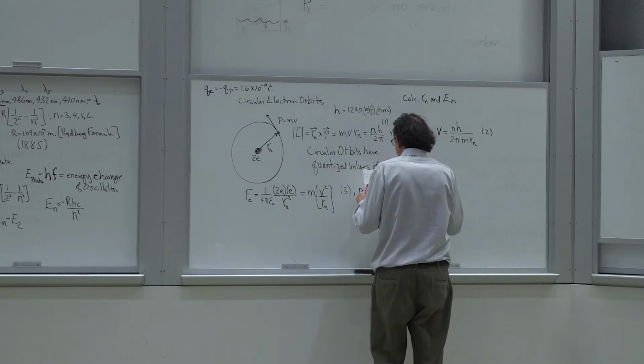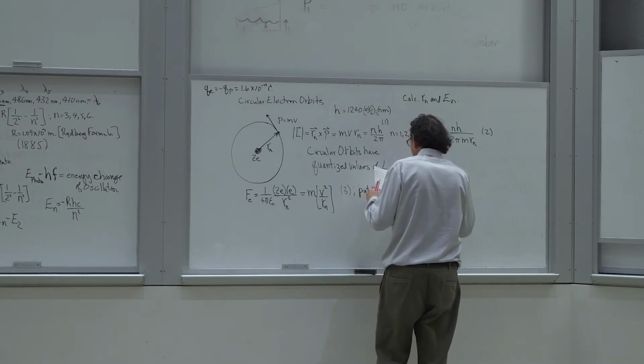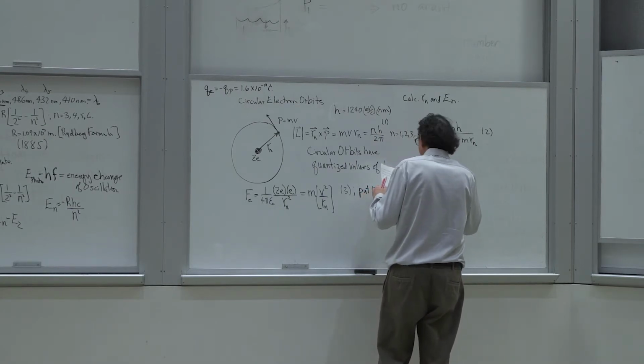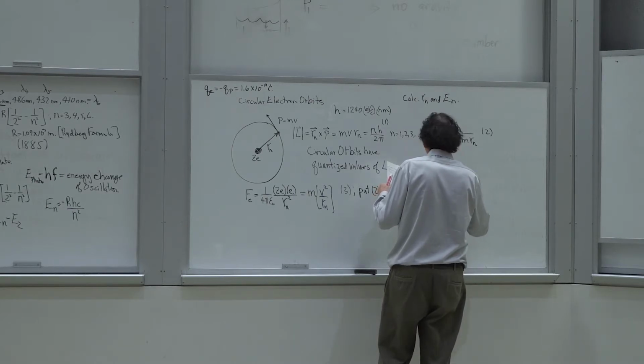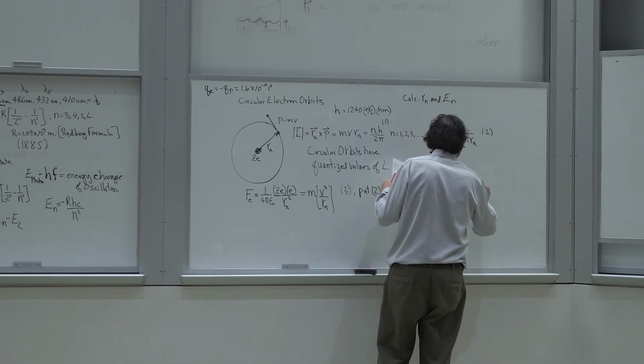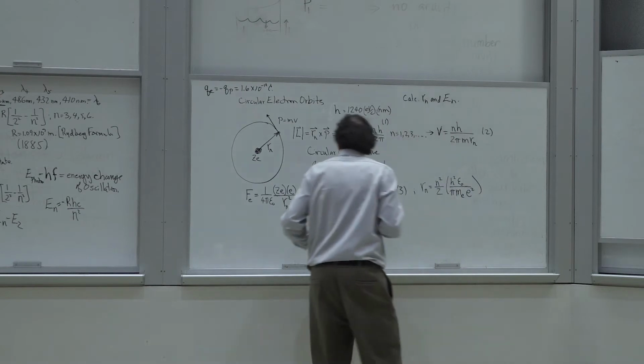And I can now then solve this for the radius, and the radius is equal to n squared divided by Z times h squared epsilon naught divided by pi times the mass of the electron times the charge of the electron squared. So what have I done?